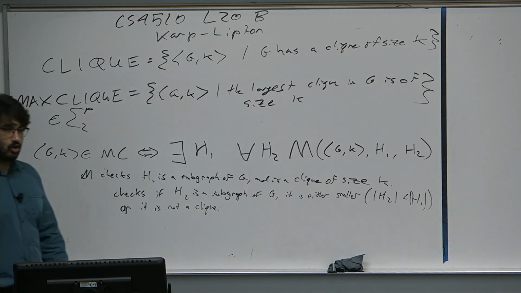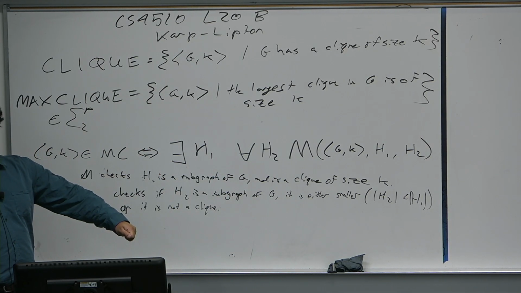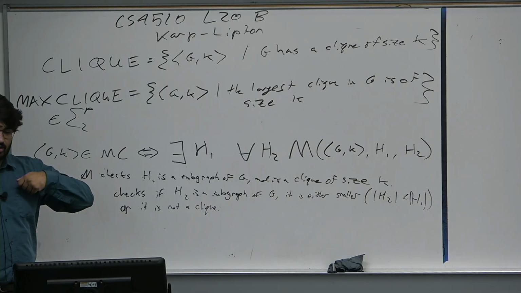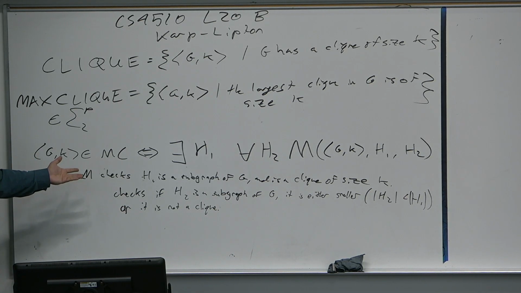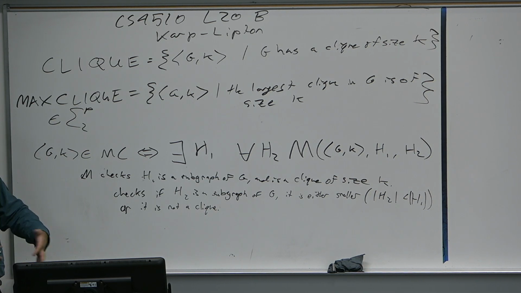So if it's bigger, it better not be a clique. And so it's either smaller, or if it's bigger, it's not a clique. This is sufficient for us to convince that H1 is like a witness to a maximum clique.